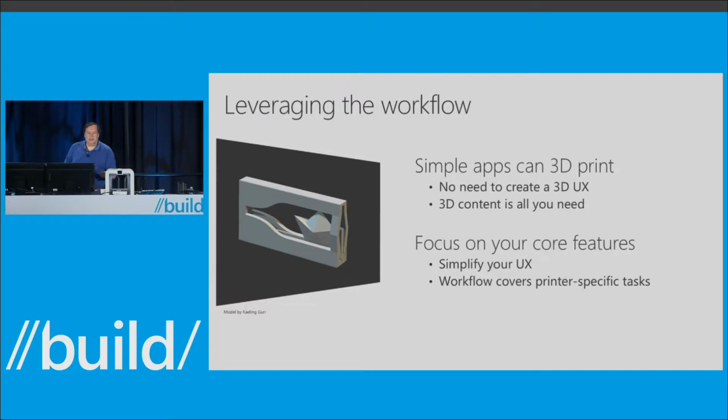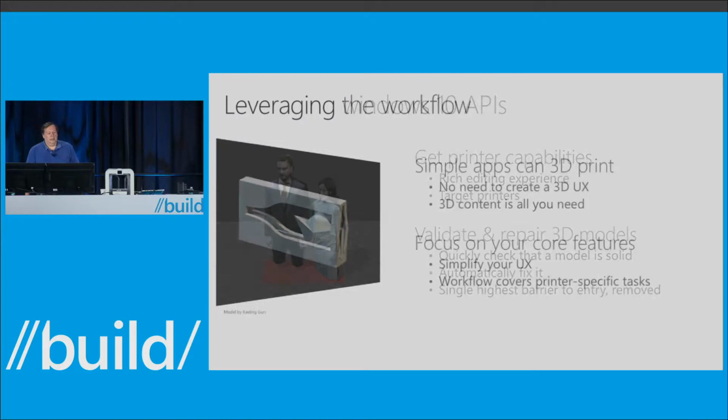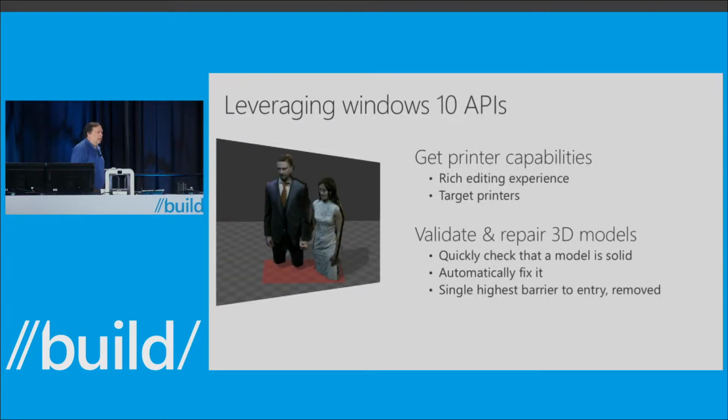We can repair it, we can scale it for printing, and we can select the materials to be printed or the colors to be printed, and then you can move on to either print it at a print bureau or print it locally. So the 3D content is all you have to do. Simplifies the UX, you get to focus on your core features, we'll take care of the heavy lifting around the print pipeline. But what if you want to do something a little more complex than that?